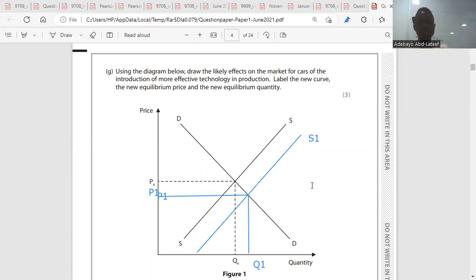So you name it Q1, P1, and S1. Clear, right? So that's how we go about the supply curve. Any question about it? Right, move on.